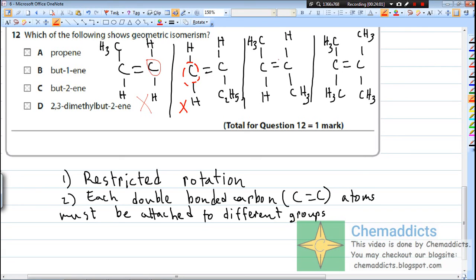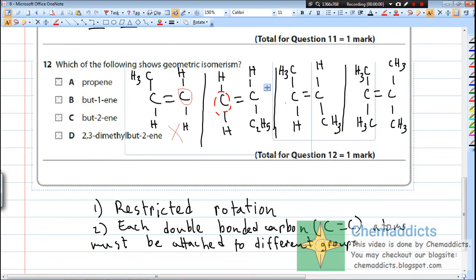Now if we look at this molecule, each of the double bonded carbon atoms is attached to different groups. Having a closer look, this particular carbon atom is attached to two different groups.